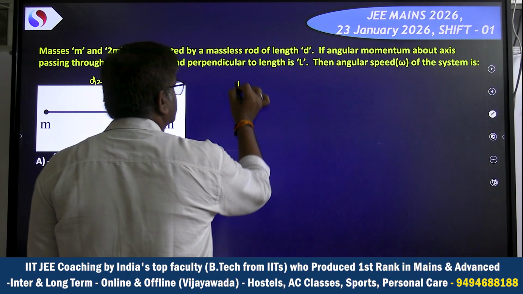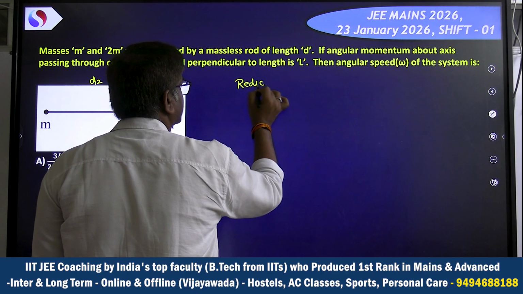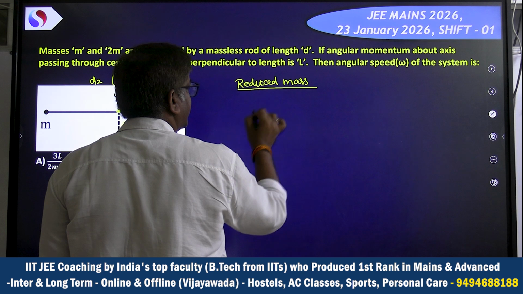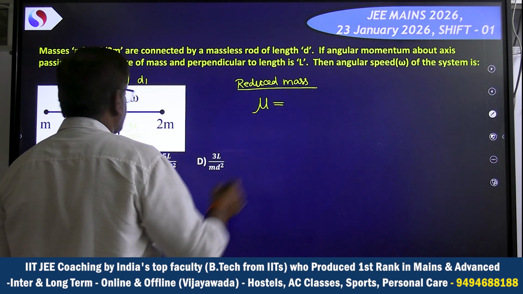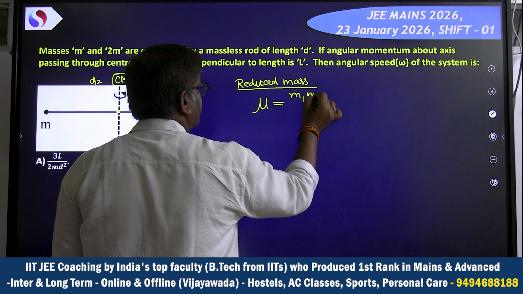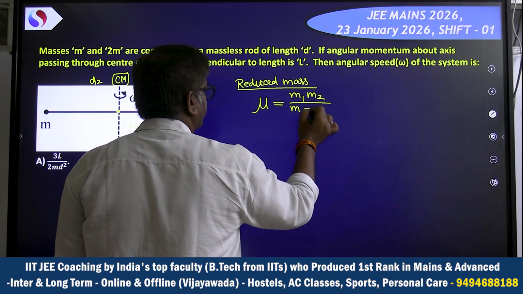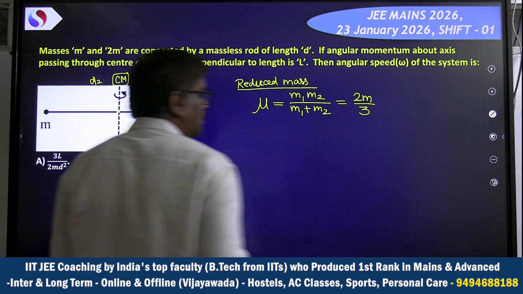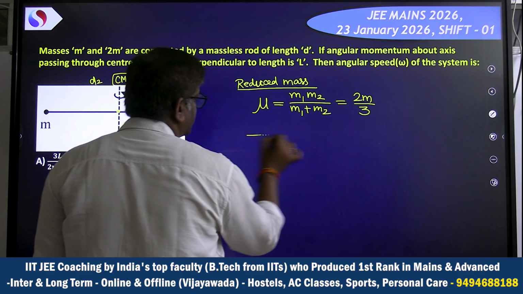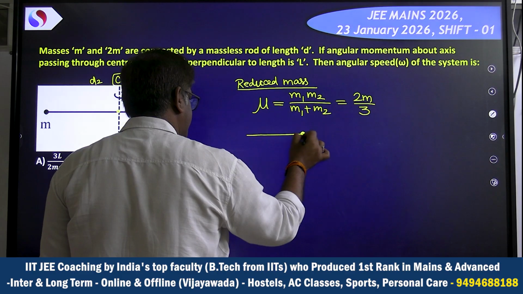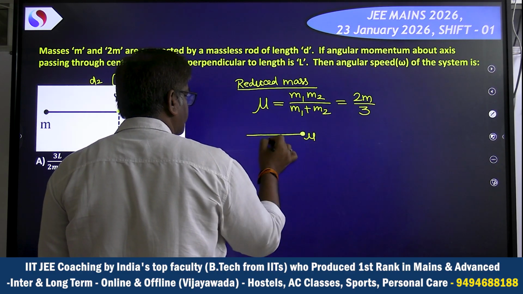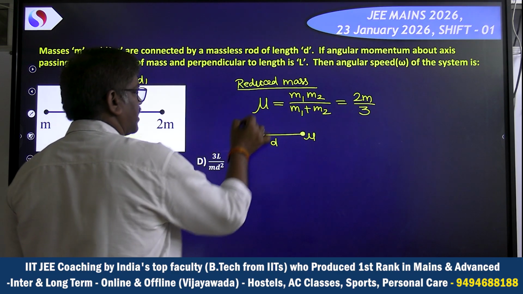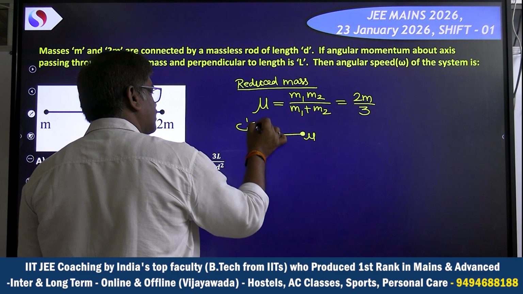Otherwise, you also know there is another way, which is the concept of reduced mass. So here I am going to solve this by reduced mass. What is the reduced mass here? Reduced mass will be m1 m2 by (m1 plus m2), which is 2m into m by 3m, that is 2m by 3. The advantage of the reduced mass concept is that you can treat the entire mass as a reduced mass mu, moving at a distance d about the axis with the angular velocity omega.